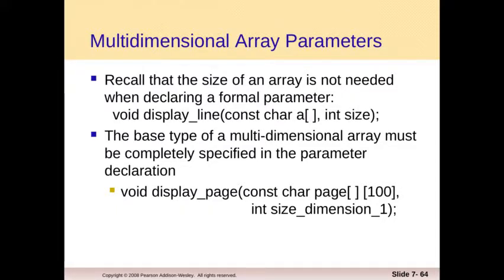We just reiterate that same principle, and in the same fashion, I could only leave the first square bracket empty, because the other 2 square brackets of a 3-dimensional array would be part of the base type of the uppermost 1-dimensional array. Okay.